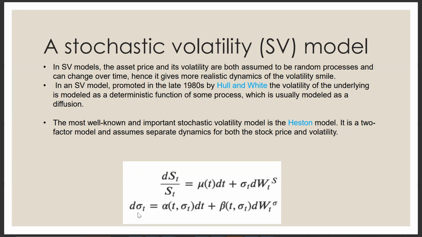And after that, we need to write the differential equation for this volatility, and you see that it is like a diffusion process, and these Wiener processes are independent. They are different Wiener processes.